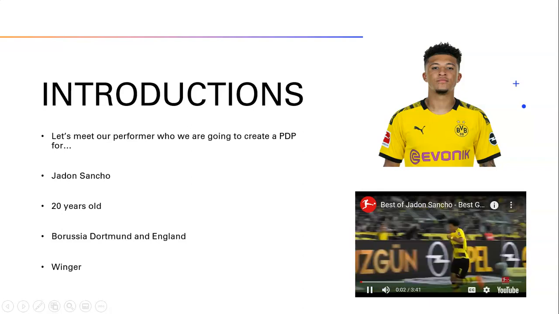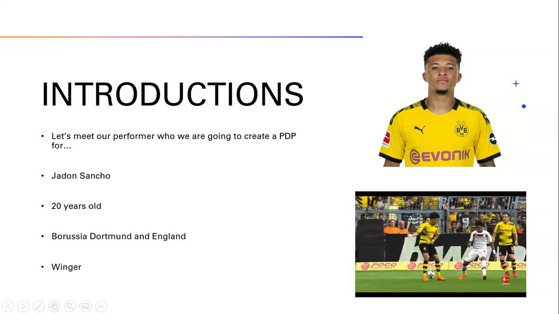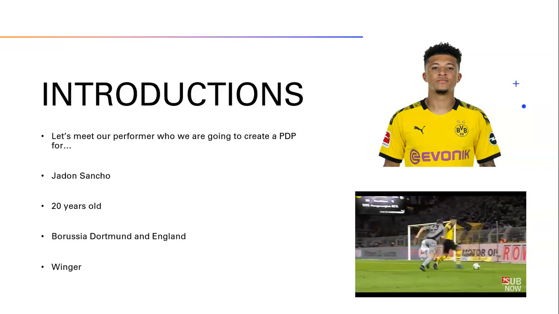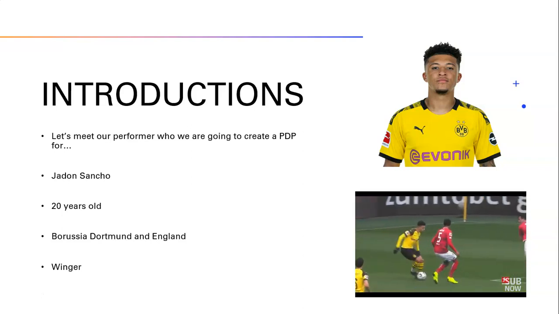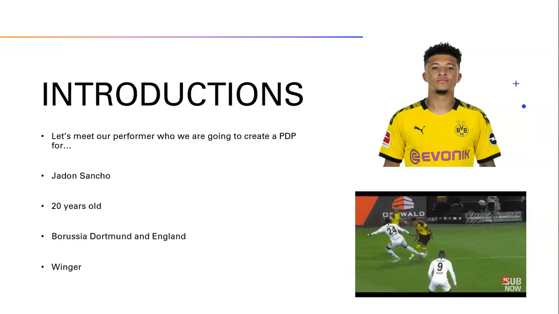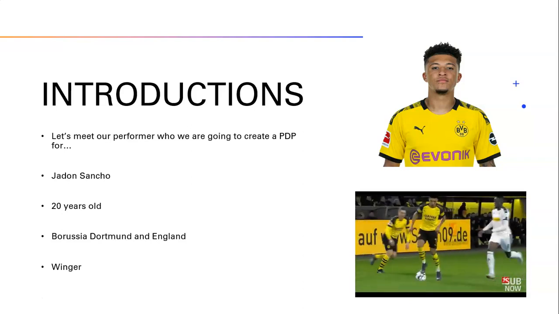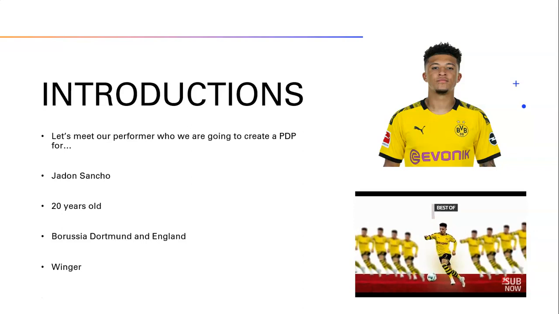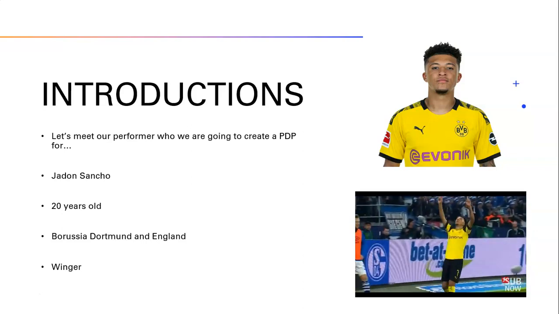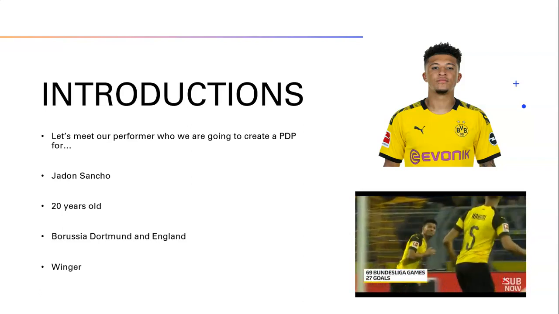Jadon Sancho is a special player. His skill, style of play and speed make him near enough unstoppable. Let's have a look at the best of Jadon Sancho at Borussia Dortmund. Sancho is a real goal machine.